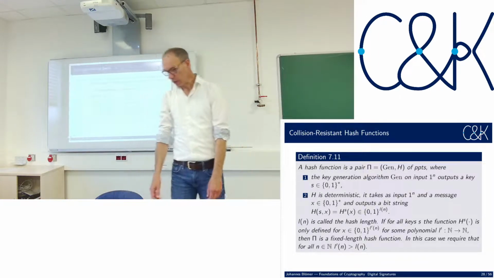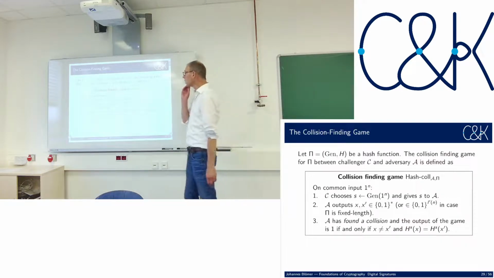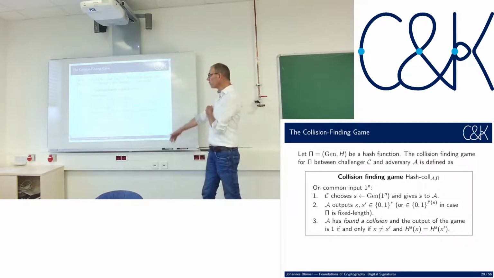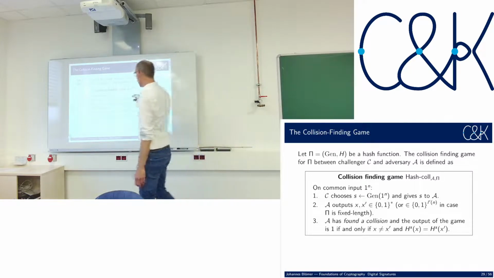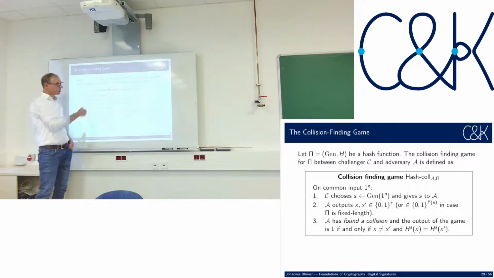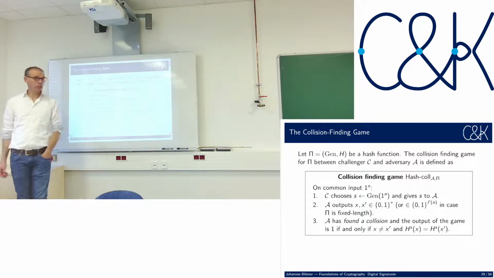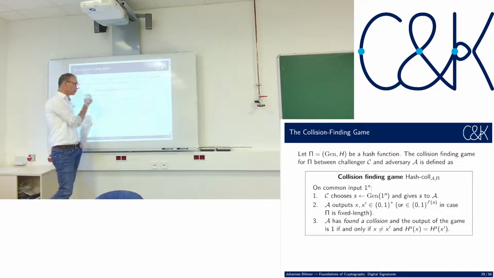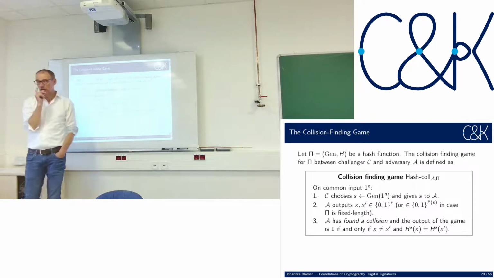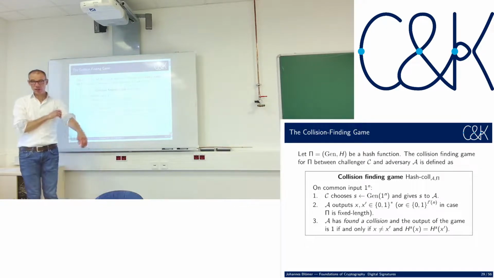And then our security requirement is collision finding, or collision resistance. As usual, we define a game, the collision finding game, between a challenger and an adversary. The common input is the security parameter 1^n. Then the challenger chooses a key s uniformly at random using the key generation algorithm and gives s to A. So this is a difference to almost any other game that we saw so far and that we see in the future.